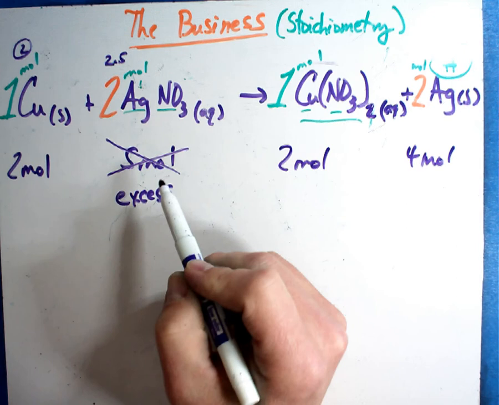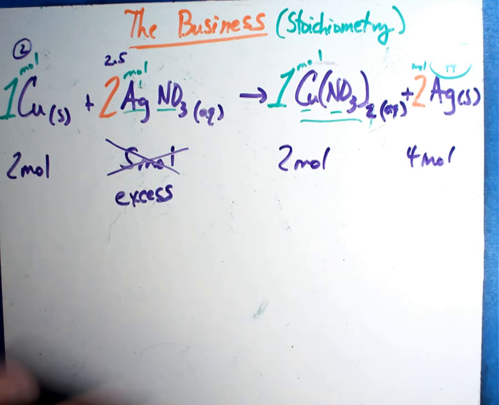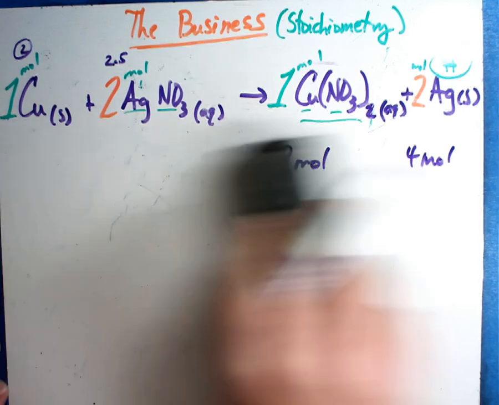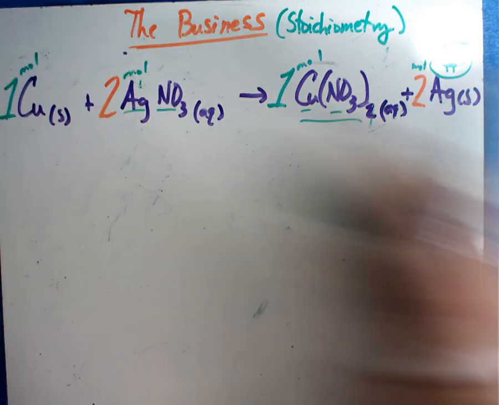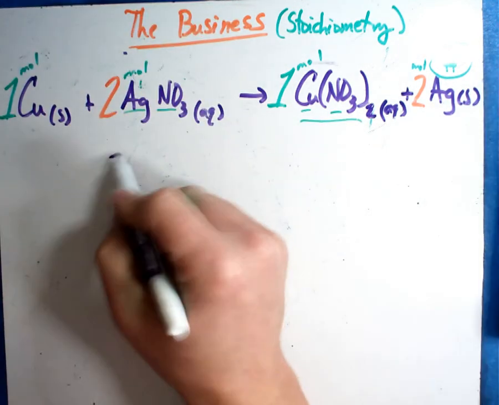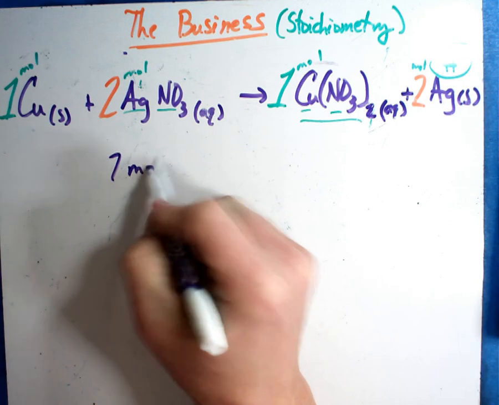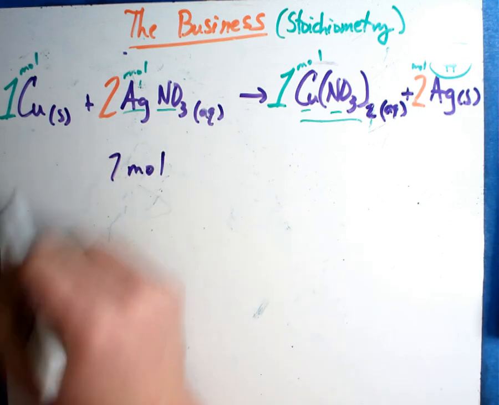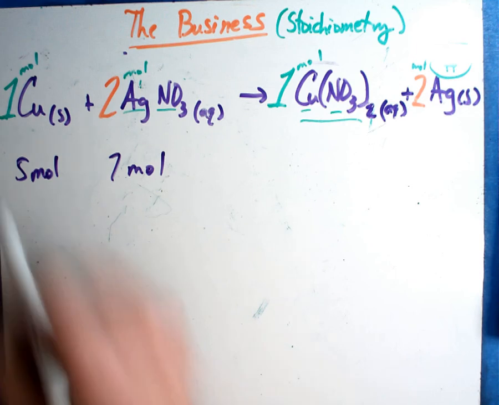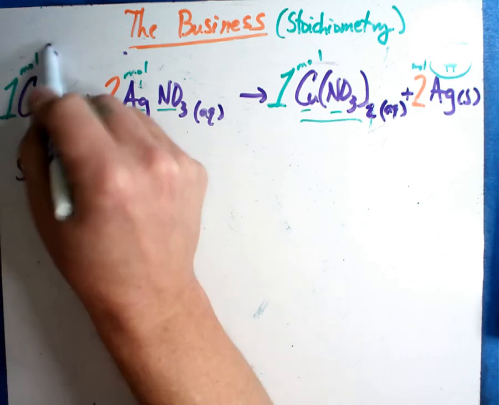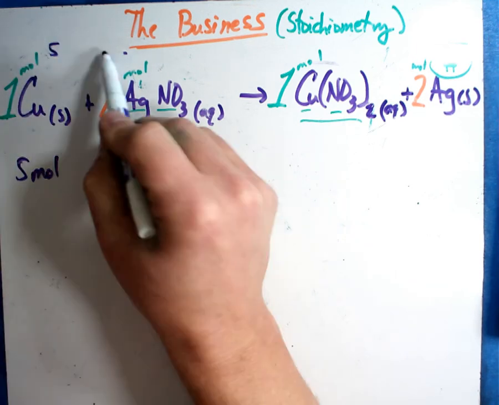Now, a lot of people look and say, oh yeah, that's the excess because it's the biggest number. Well, let's look. What happens if you have one like this? Same reaction. All right, let's say you have this. What's the change? 5 divided by 1 is a 5. 7 divided by 2 is a 3.5.